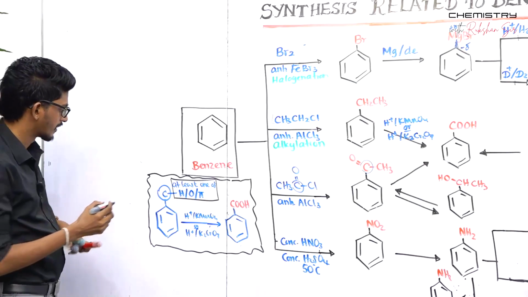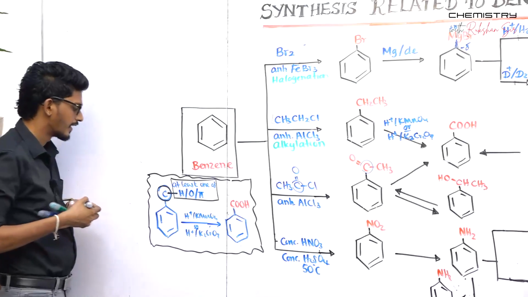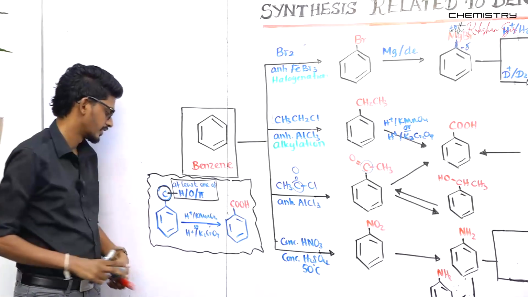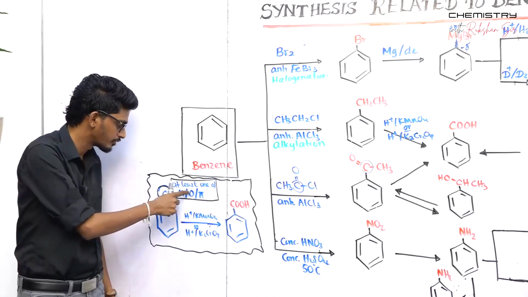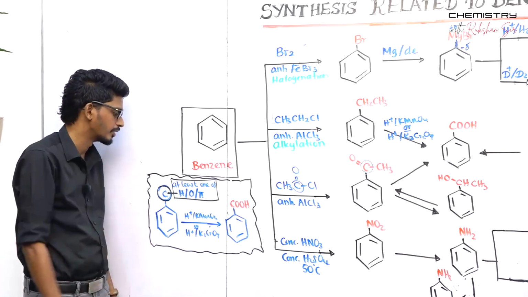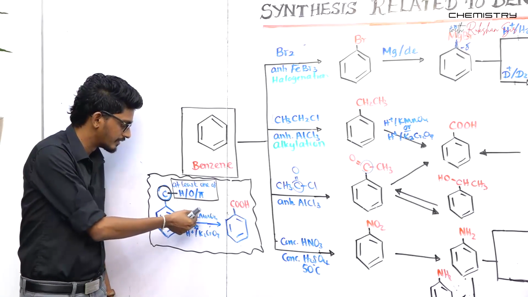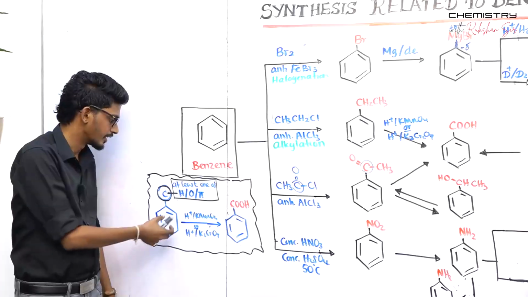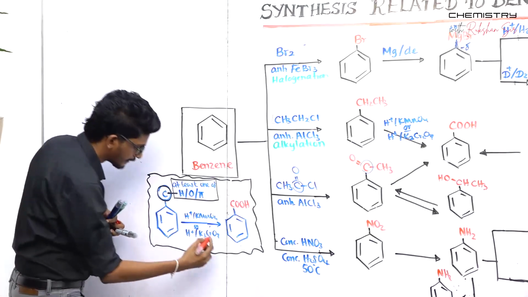If you have a carbon directly connected to the benzene ring with at least one hydrogen, at least one oxygen, or at least one pi bond, and you add some strong oxidizing agent like acidic KMnO4 or dichromate, the side chain will be converted to benzoic acid.